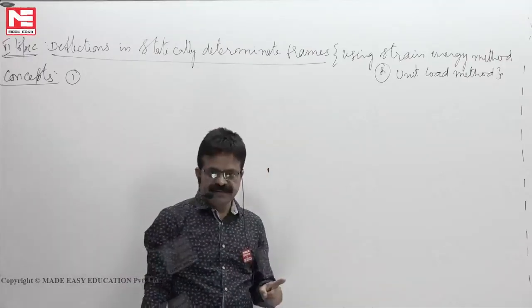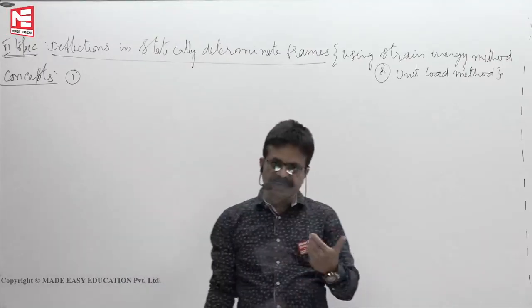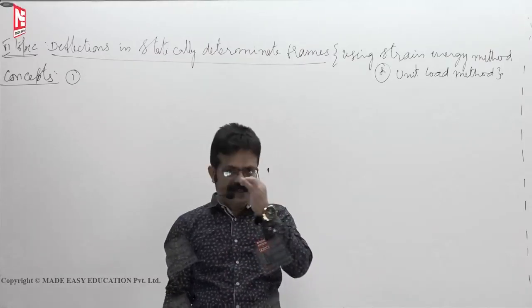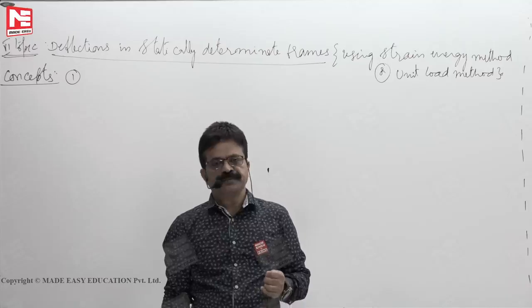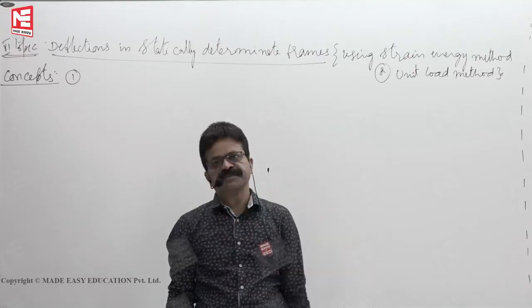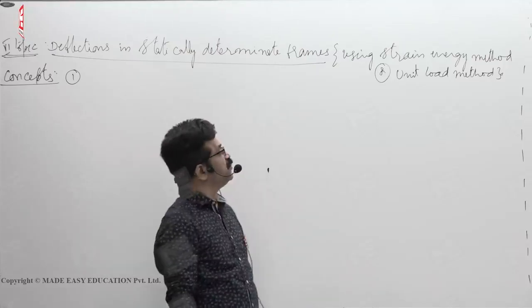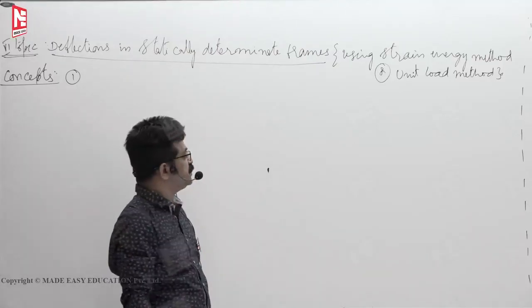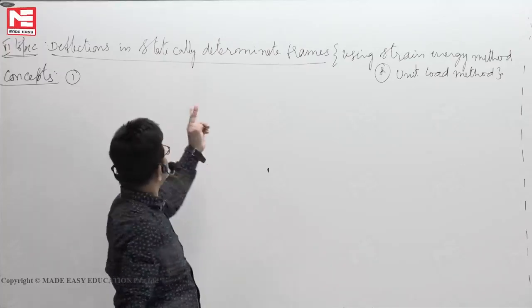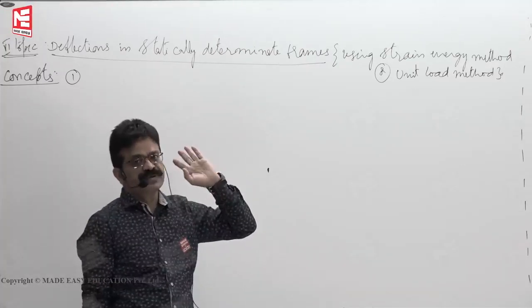If strain energy is written in terms of the deformation, delta square AE by 2L, then that is called strain energy. Complementary energy has no physical meaning, it is simply a mathematical expression. Now we use the strain energy method to find the deflections in statically determinate frames only.